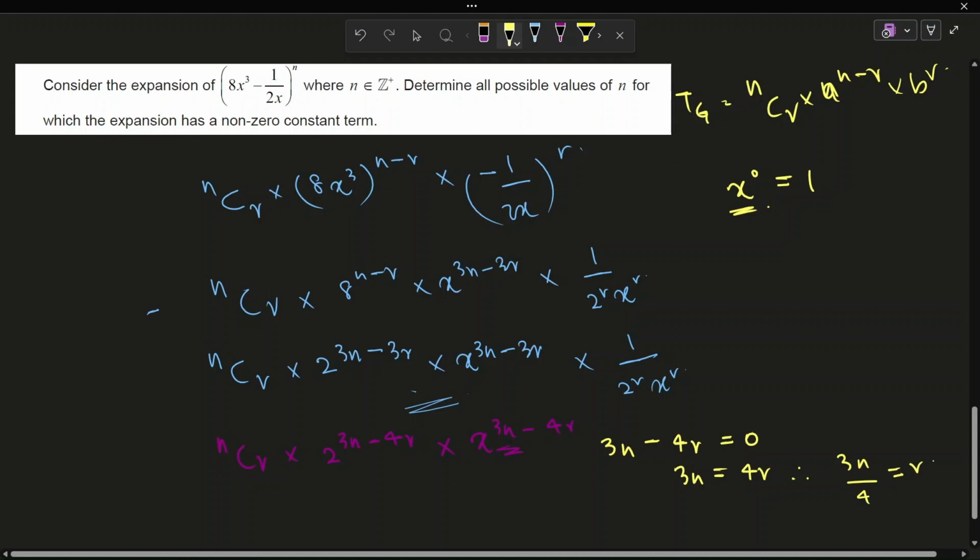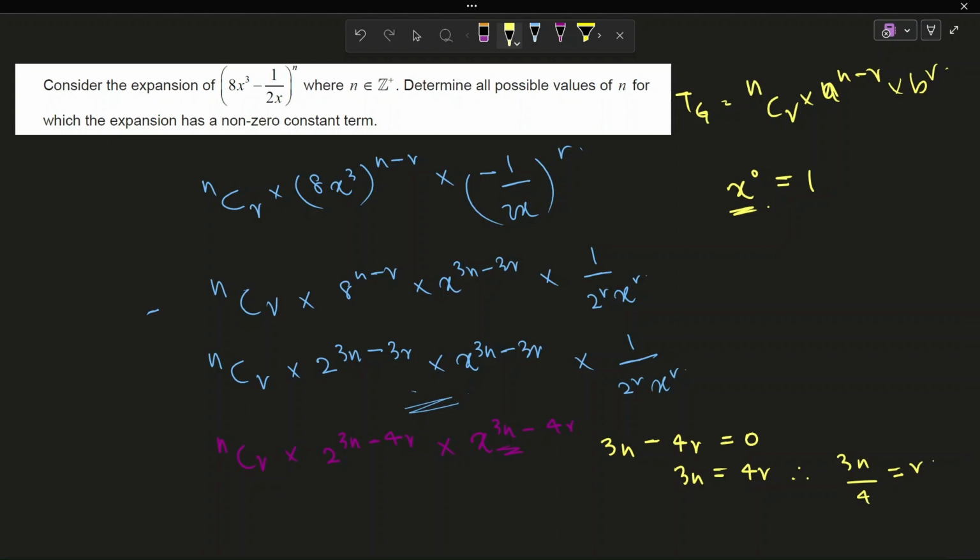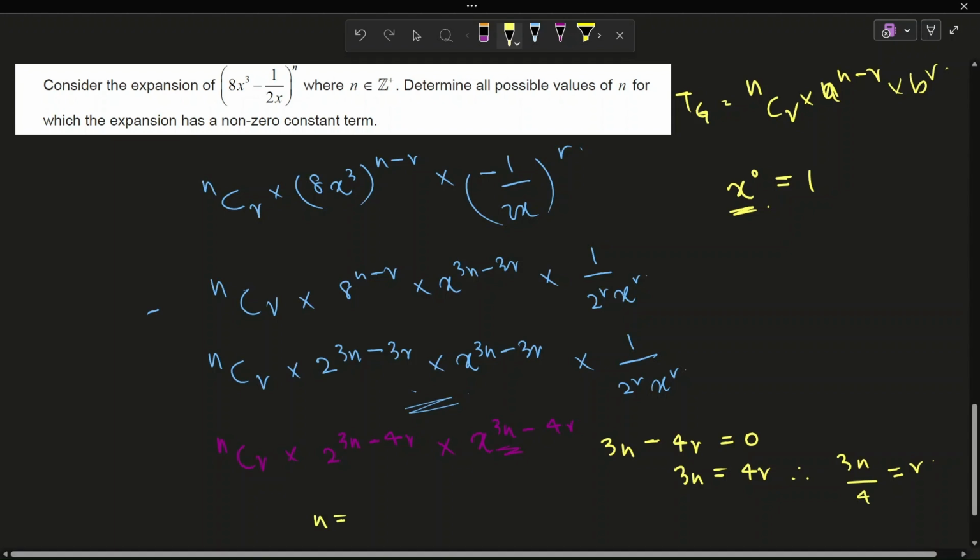Now, can r be a fraction? Can an index be a fraction? No, it cannot. So, n should be a value that cancels out the denominator and makes r a whole value, a positive integer. So, obviously, n can be 4. n can be 4 because 4 and 4 get cancelled and it's going to be 3.